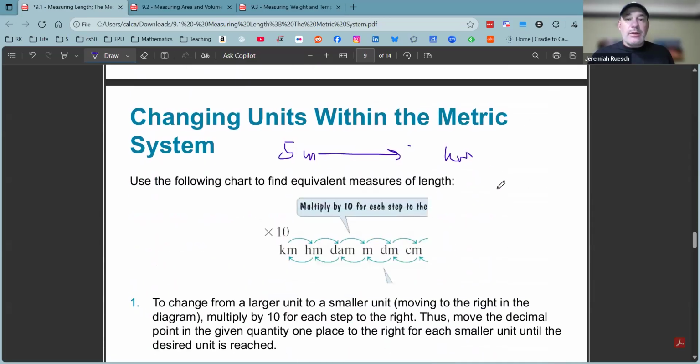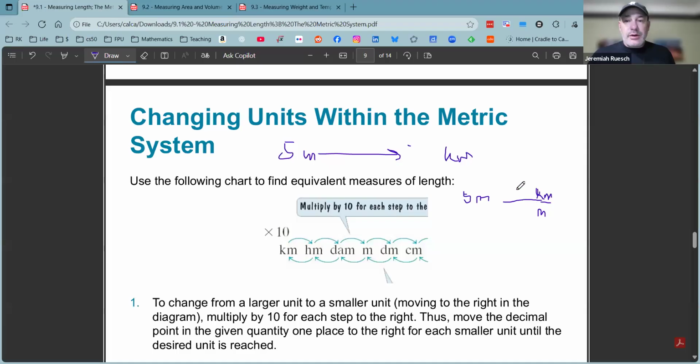So what do we want? We want kilometers. I have 5 meters, and I want to get rid of the meters and put in kilometers. Notice it's exactly the same process, even though we're in the metric system instead of our standard system.